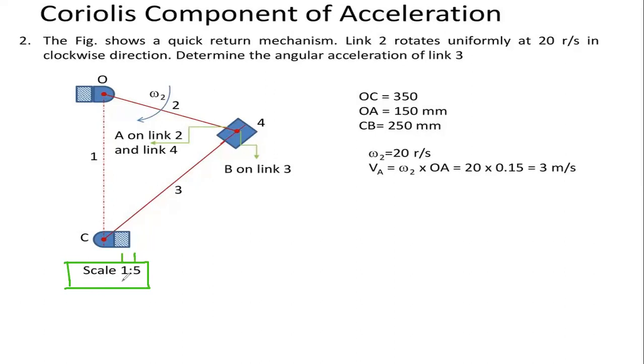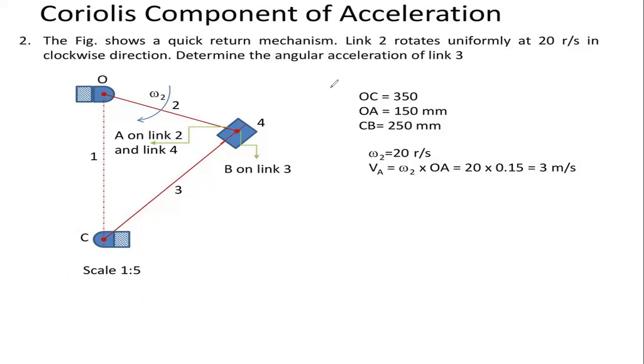For example, this is 100 mm, and this is one fifth of the original, that is 20 mm. So we can take any scaling, 1:5, 1:10, 1:20, according to our preference and usage.